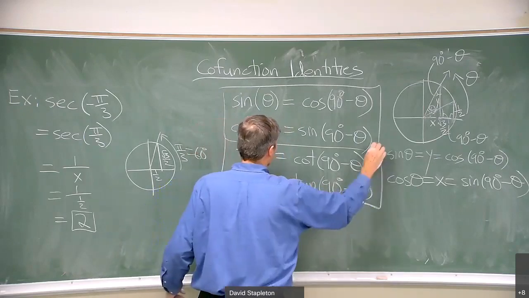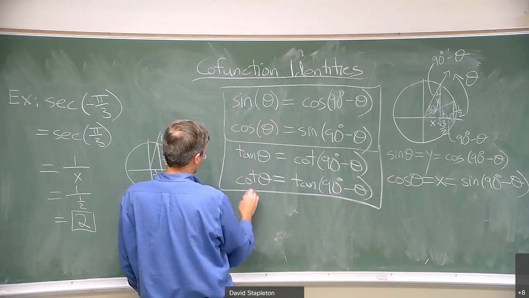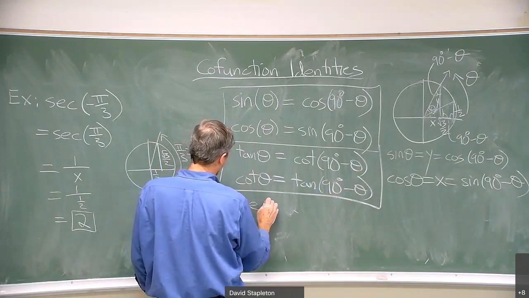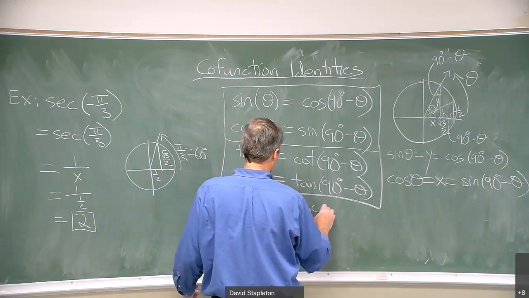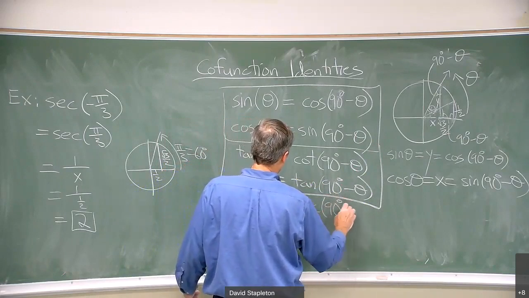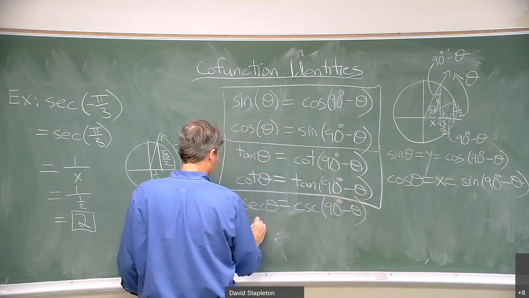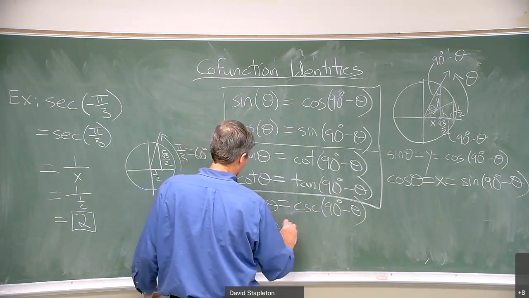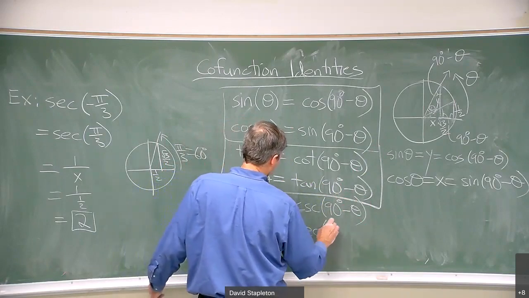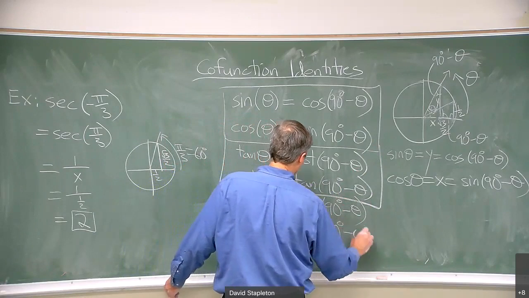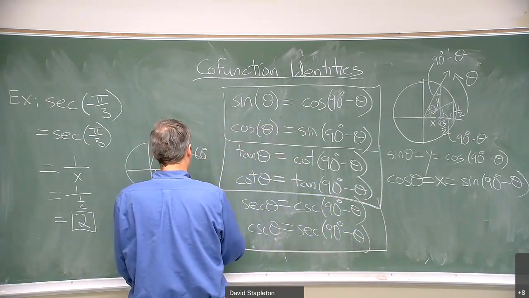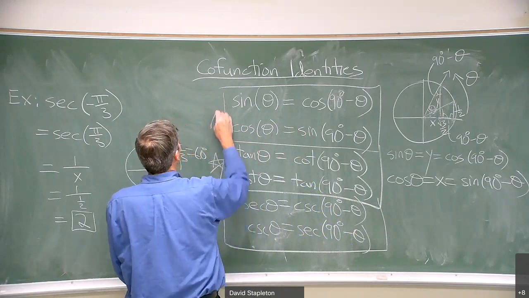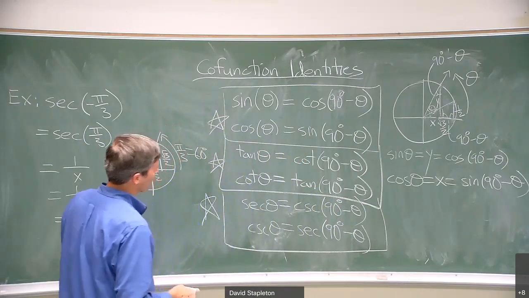Tangent and cotangent go together, sine and cosine go together, secant and cosecant go together. The secant of any angle is the cosecant of 90 degrees minus the angle. The cosecant is the secant of 90 degrees minus the angle. Well, there it is. There's all the identities you need to memorize for now. And these are the least important.